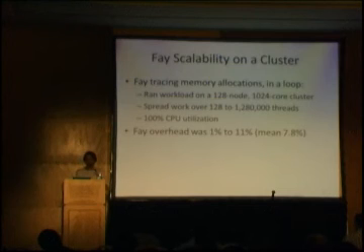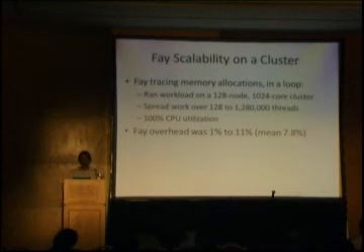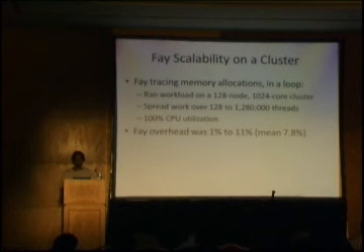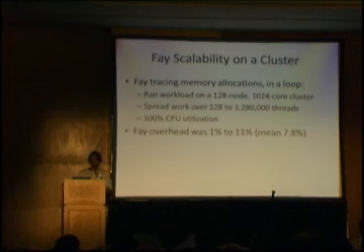Okay, so let's look at Fay's scalability on an actual cluster. This is a different micro-benchmark that we've implemented, where we are tracing memory allocations and deallocations that happen in a tight loop. We ran this workload on a 128 node, 1024 core cluster in total. We spread the work in different configurations, starting out with one thread per cluster node doing these memory allocations in the tight loop, so 128 threads in total.